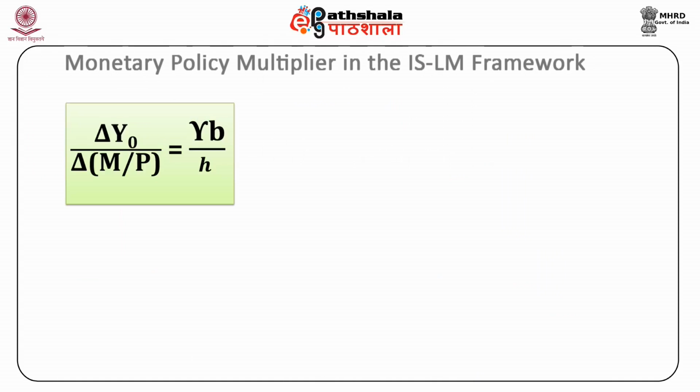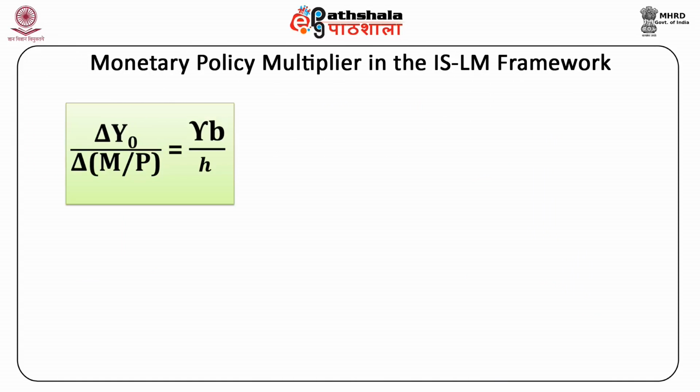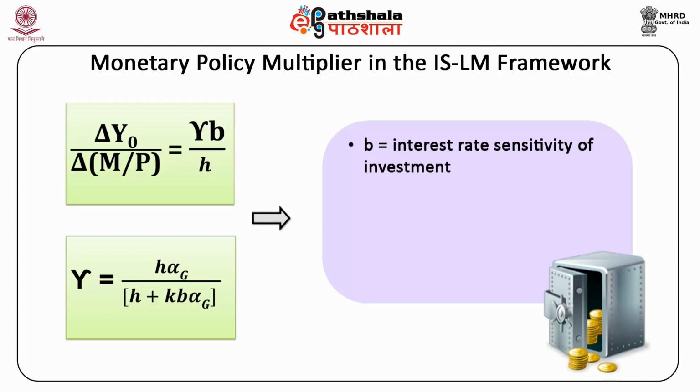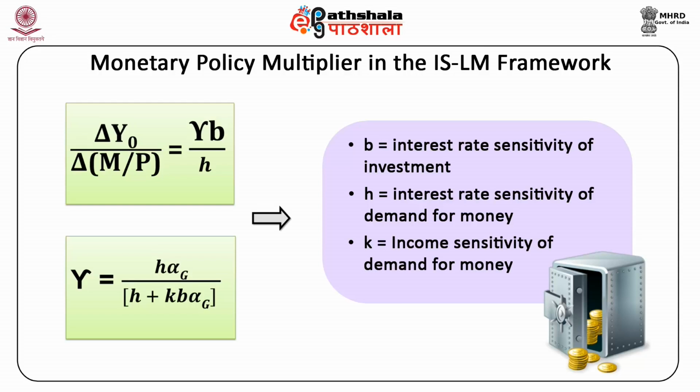Change in Y0 divided by change in M/P is equal to γb/h, where γ is equal to hαG divided by h plus kbαG, where b is the interest rate sensitivity of investment, h is the interest rate sensitivity of demand for money, and k is the income sensitivity of demand for money.